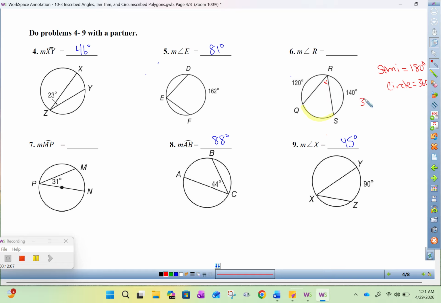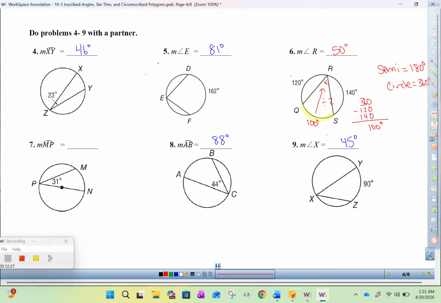So I can take 360 and subtract off those other measurements to get what's left of 100 degrees. Now, be careful, that is not the answer, because I want to move inside the circle to find that inscribed angle, so I have to divide it by 2 for a final answer of 50 degrees.